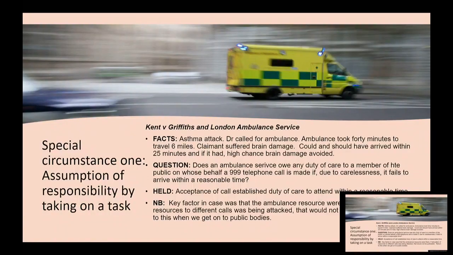Now, the ambulance didn't arrive, and the doctor followed up, called twice more, and each time they were told, oh, it's just a few minutes away. The ambulance didn't arrive until 40 minutes after the phone call, and it was only a distance of 6 miles to the claimant's home.